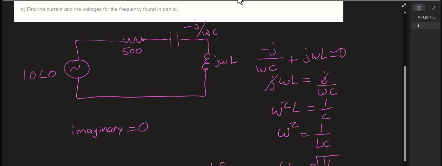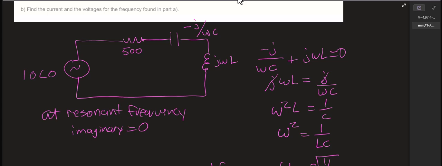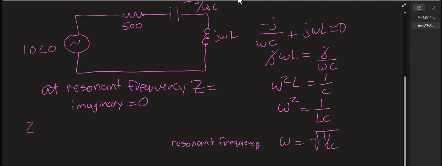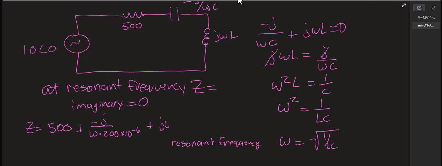So at resonant frequency, Z equals, well, we know that Z equals 500 plus minus J over omega times the capacitance, which was 200 microfarads, 200 times 10 to the negative 6, plus J omega times the inductor, which is 200 millihenries, so 0.200.